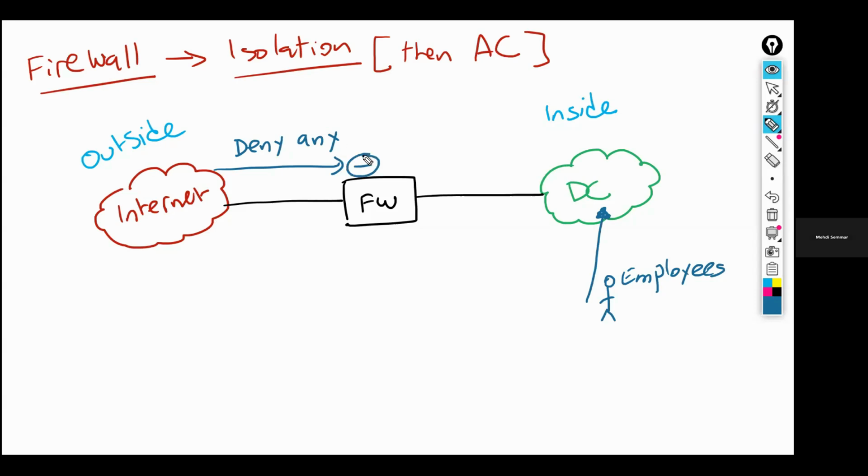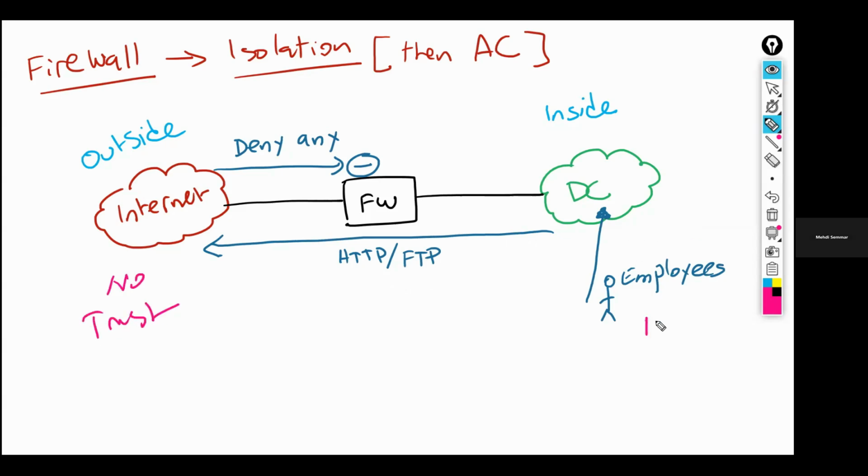So everything is blocked. But when the traffic is initiated from the data center to the internet, for example, your data center applications want to do updates, or download something, you can allow specific traffic like HTTP and FTP. So with this topology, here you have no trust at all, and here you have full trust.